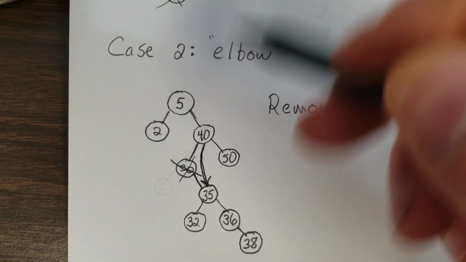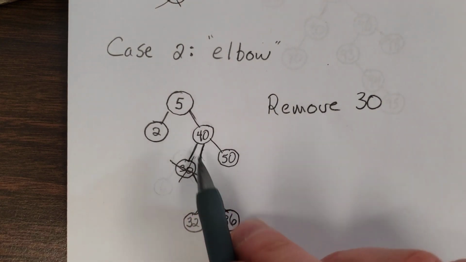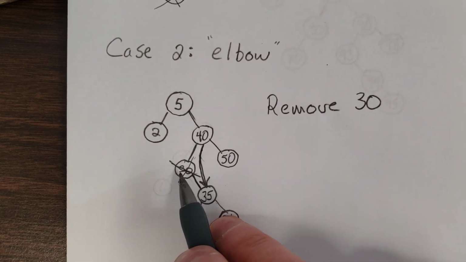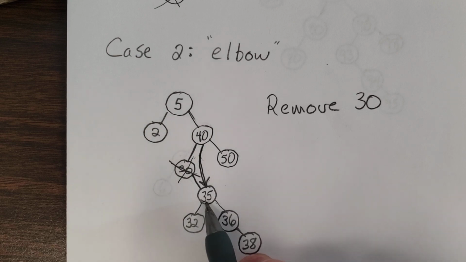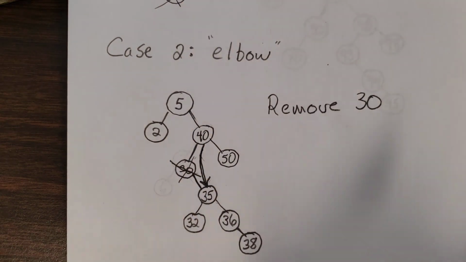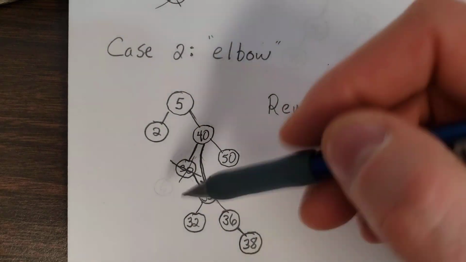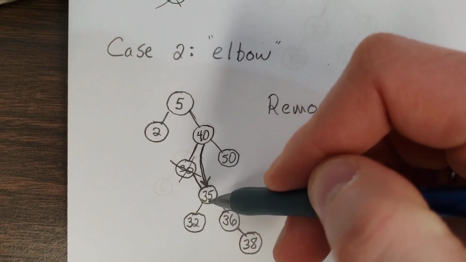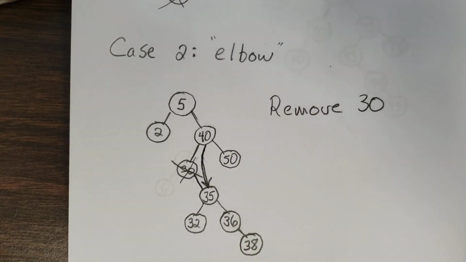We just set 40's left pointer to its grandchild. If node 30 that we want to remove has only one child, then that means that 40's left has only one left grandchild. So you take 40 and point it to the 35, and all these then move up, get promoted up. Then we delete this node and just bypass it. That's the idea there. We still need to have all of these values in the tree. That one's not too bad.